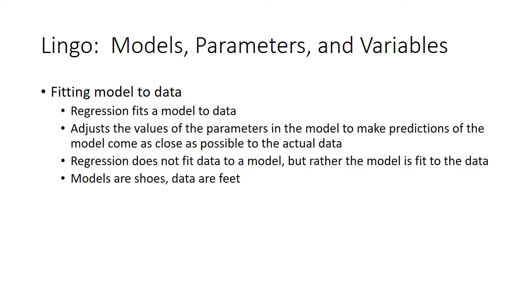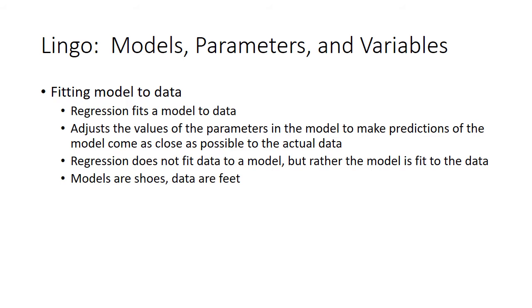So again, we're fitting a model to the data initially, and usually we're using a regression that will fit a model. We'll come up with an equation for a line. We're doing one of these simple linear regressions, and so we adjust the values of the parameters in the model and try to make the predictions of the model as close as possible to the actual data. So again, we're trying to find the best fit line, and you see that regression does not fit the data to the model, but rather we're trying to fit a model that is going to fit to the data.